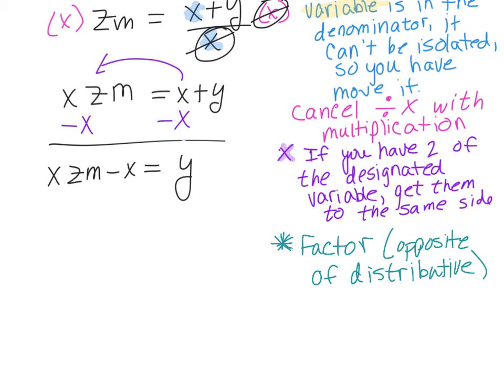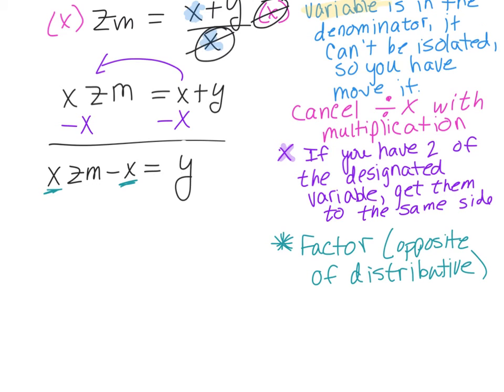So in distributive property, you take something that's sitting outside the parentheses and you distribute it inside, right? Factoring, you are doing the opposite. Sometimes it's more than 2 terms, and you're looking for what they have in common, an X and an X, and instead of distributing it, you're going to pull it out of there.